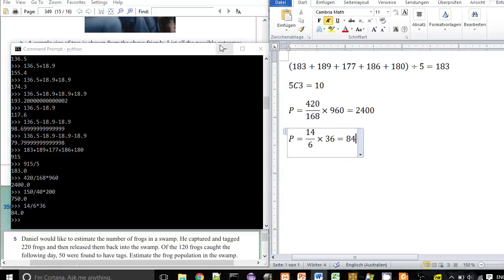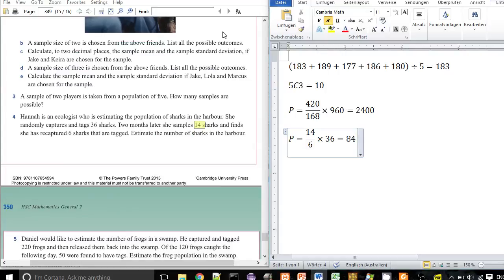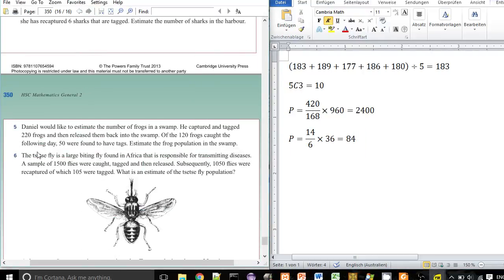And again, it doesn't have to be a whole number. Honestly, I don't think it matters. I would just round off. You don't need to round up or round down. So 84. It's just an estimate. I would round to the nearest number. So 84 sharks is our estimate. Okay.